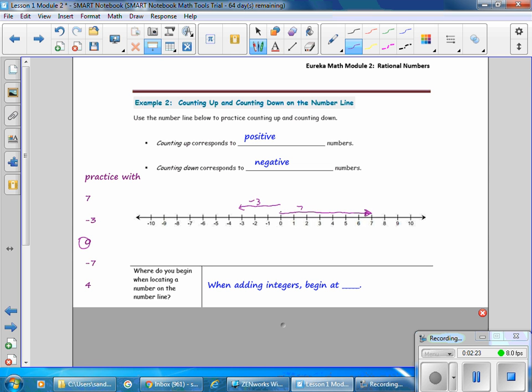For negative 7, start at 0. 1, 2, 3, 4, 5, 6, 7. So for negative 7, we went to the left 7. And to count up for 4, you start at 0 and you count 1, 2, 3, 4 to the right because it is a positive number.